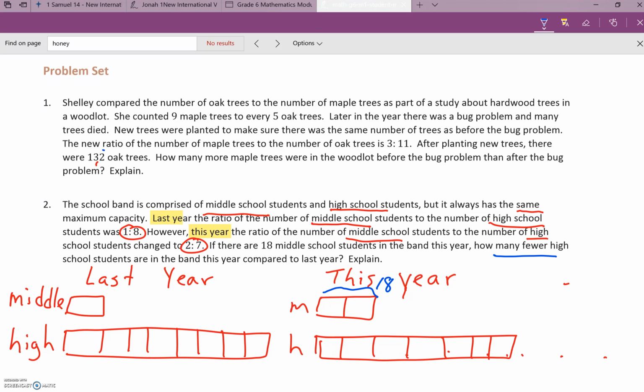So before we try to figure out what they mean by how many fewer, let's figure out how big each box is. Here I have 18, and I'm breaking it up into 2 boxes. So that's 18 divided by 2 since we're making equal groups. So each box is equal to 9. So I can fill all of my boxes in.